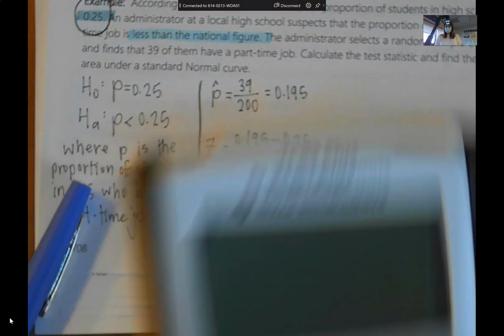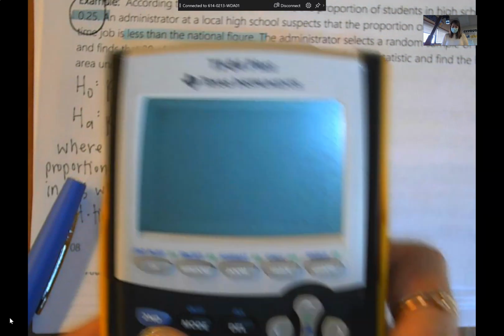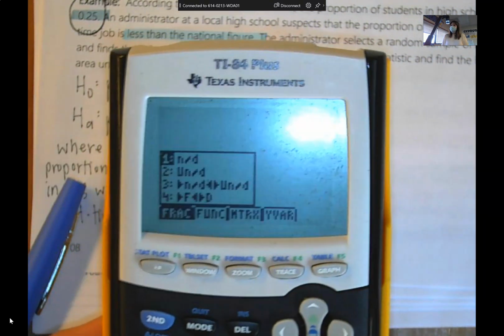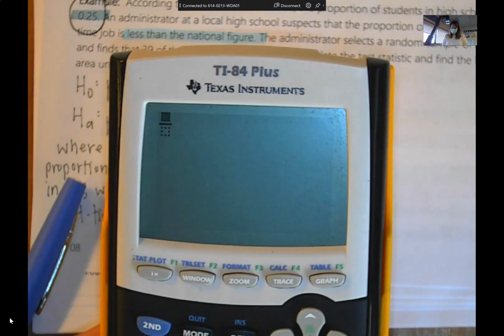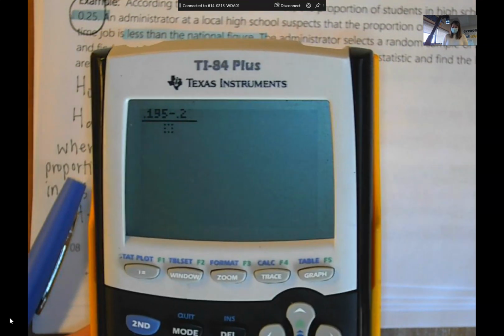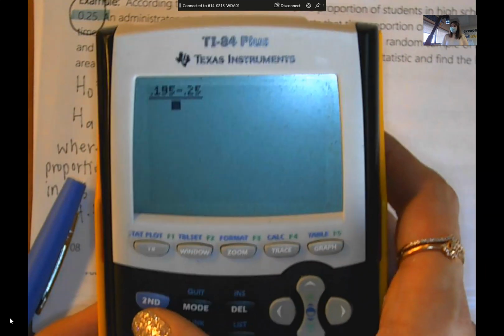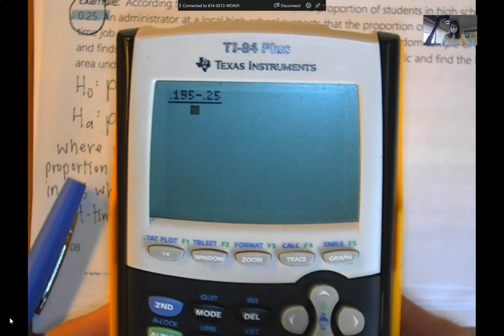So I plug it in exactly like that, which means that I have to type green button Y equals, and make a fraction, 0.195 minus 0.25, arrow down, hit your alpha green button, and Y equals, oh, I lied, hit clear.